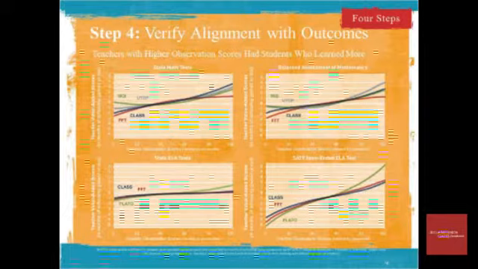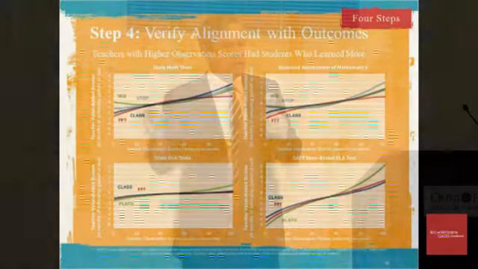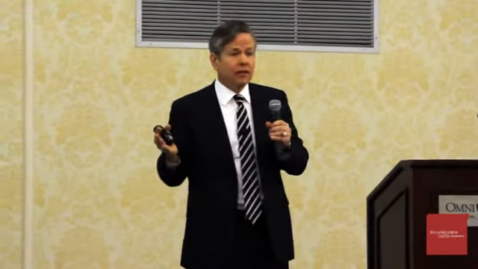So if the folks who are getting higher scores on the observation are not necessarily getting larger student achievement gains, at least on average, then the classroom observation is not going to be very useful to achieve that goal, right? So it's important to at least check whether there is some alignment between the classroom observation and the other outcomes.